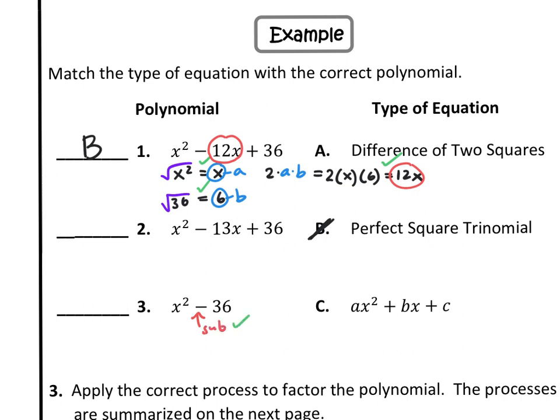Yes. Can I square root x squared? Yes. Can I square root 36? Yes. So this last choice looks like a difference of squares, so that means 2 is C.